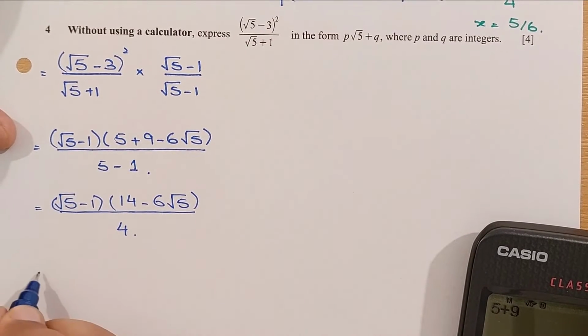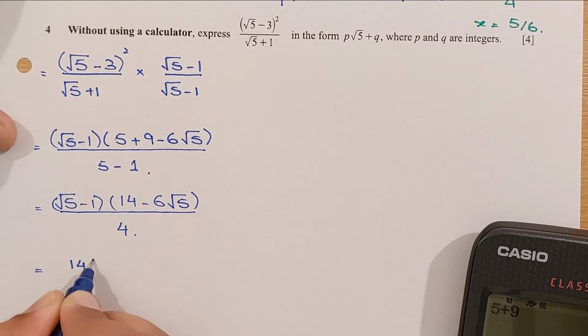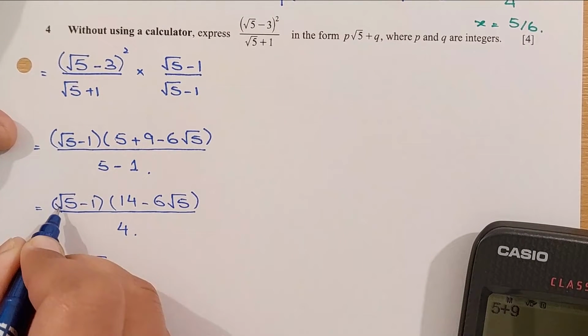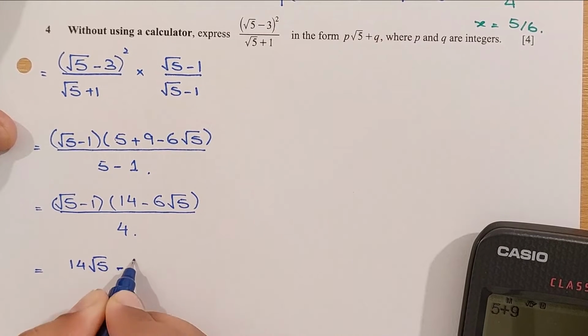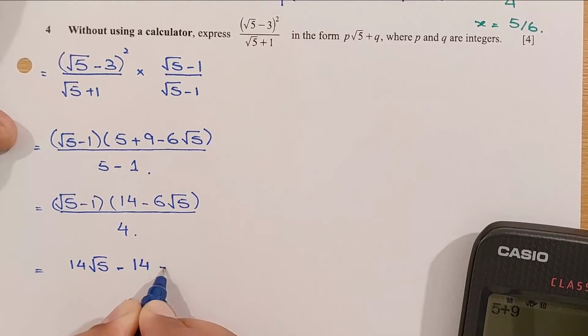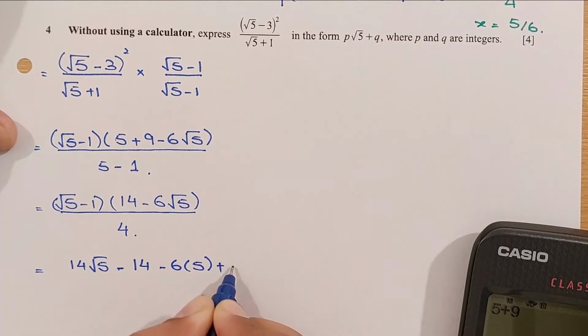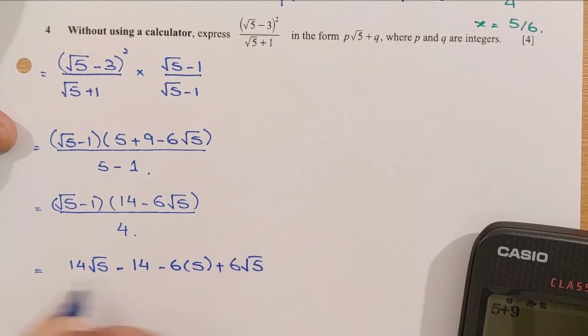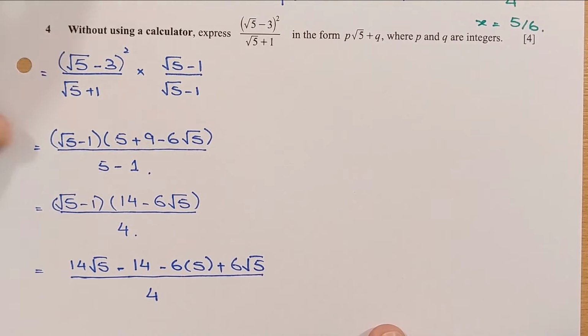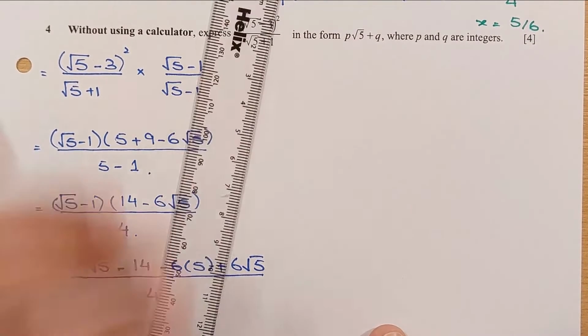Right. Okay, now 14 is multiplying with square root of 5 minus 1: 14 square root of 5 minus 14, minus 6 square root of 5 times square root of 5 is 5, minus 6 times, this is plus square root of 5, and this whole term is divided by 4. Right. Now let me do the further simplification.